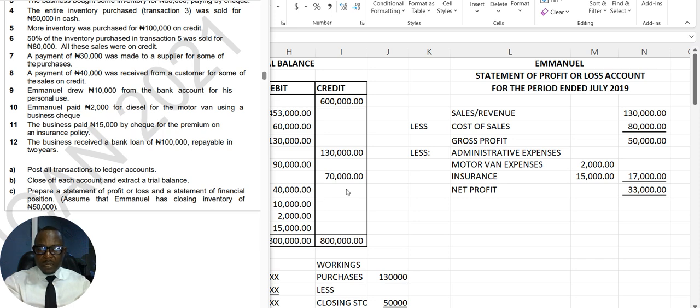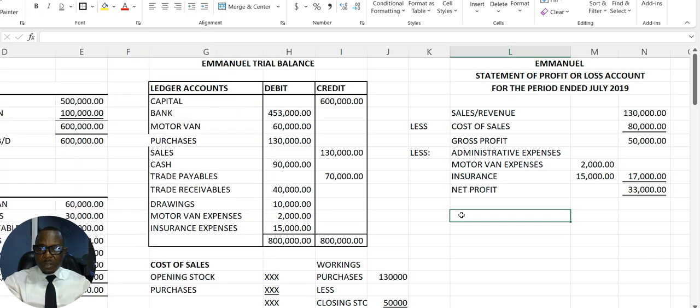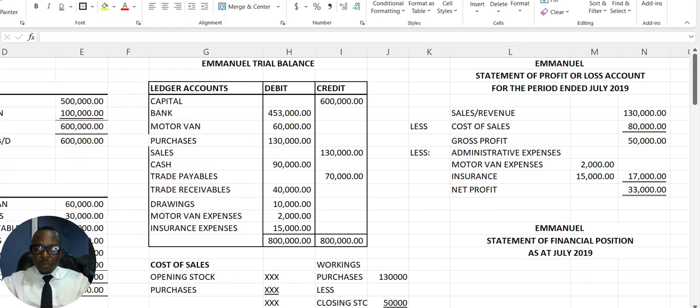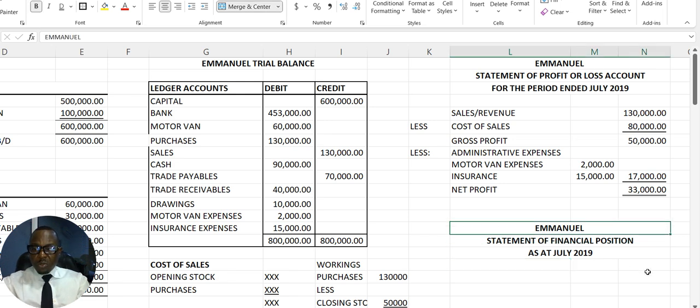Okay, so we have seen that. So statement of financial position is what we want to produce now. Let's go on. So this is how you prepare your title for the statement of financial position, which is otherwise called your balance sheet in those days.